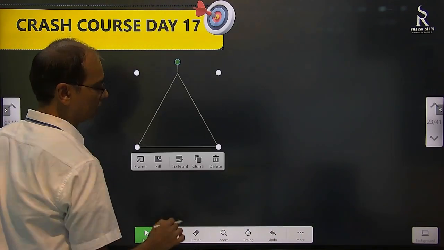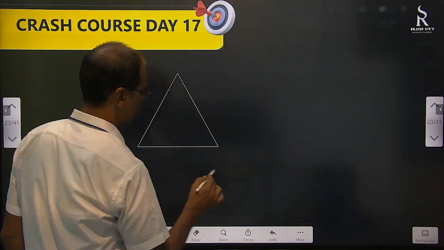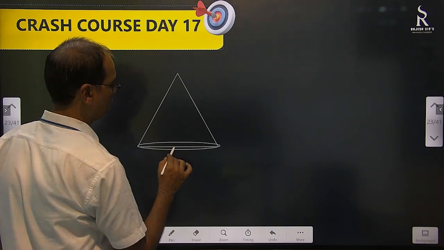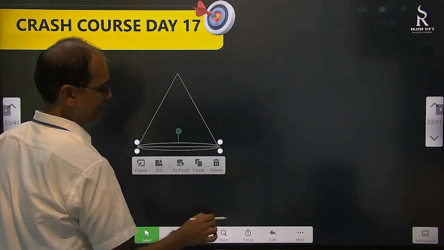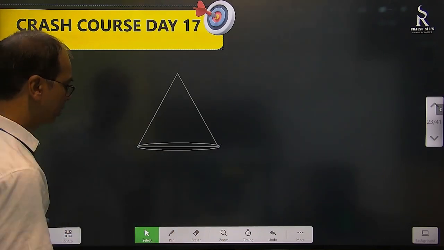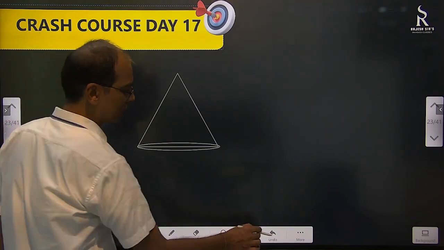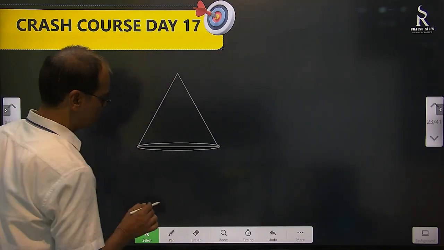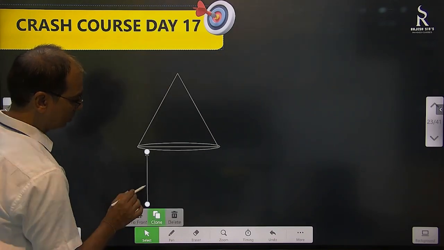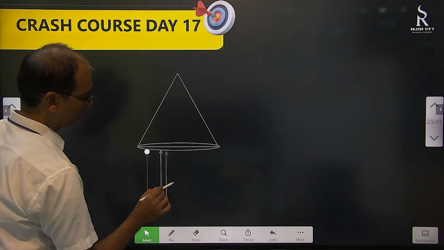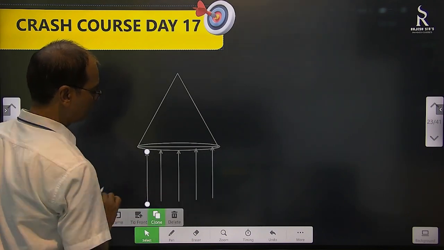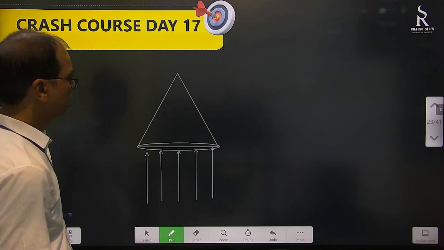So if I make one question over here, same cone question only I am making. Here is a cone, and these are electric lines, and its radius is r.